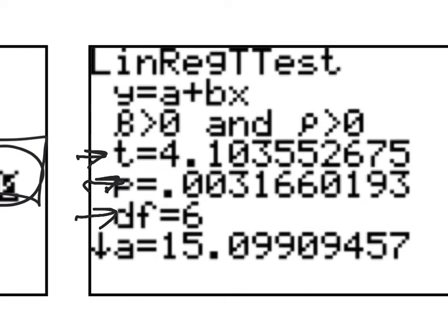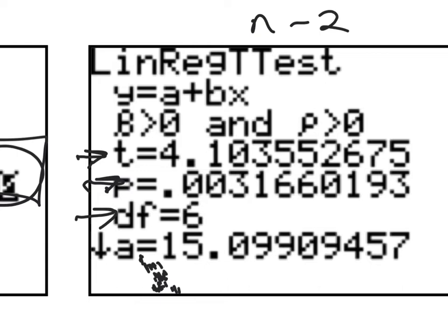How many years were there? 1, 2, 3, 4, 5, 6, 7, 8. 8 minus 2 is 6. It was n minus 2, not minus 1. And then if you scroll down, you get your a again, you get your b. There's also some other stuff that comes up that, if you don't have an 84 or higher, you're going to appreciate that this is available to you, okay?